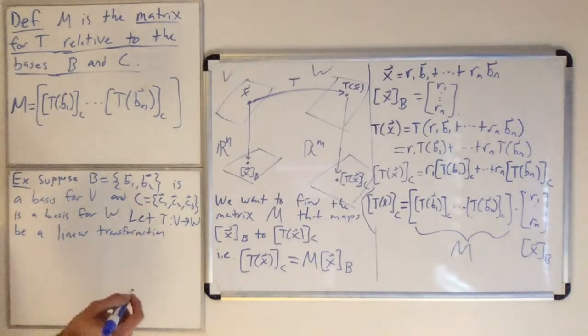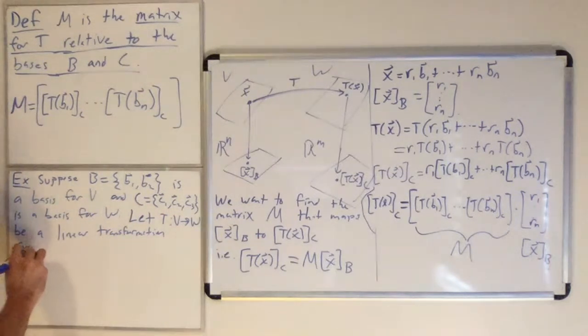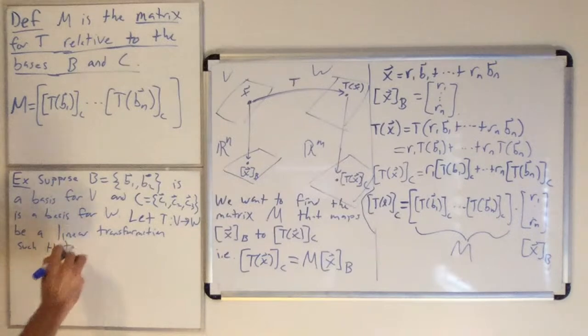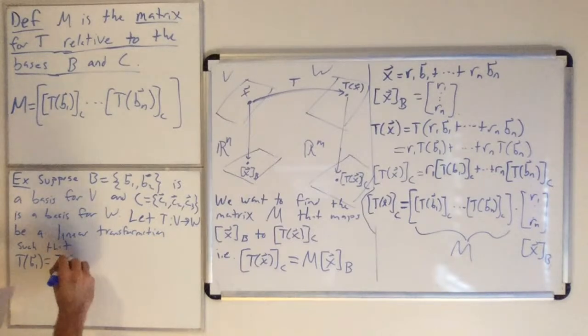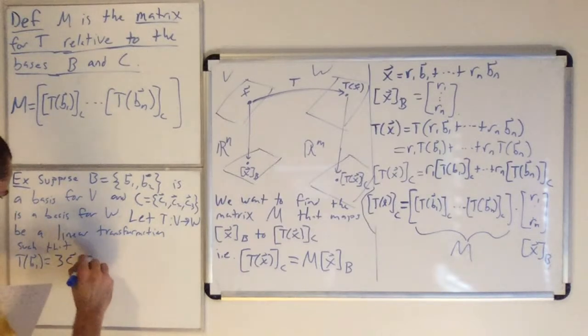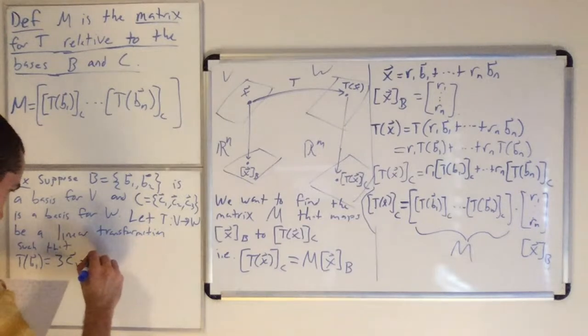Such that T of B1 is equal to 3C1 minus 2C2 plus 5C3.